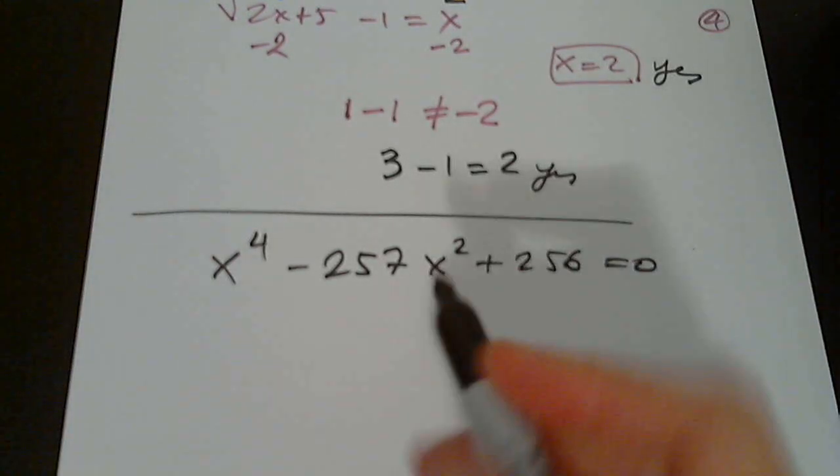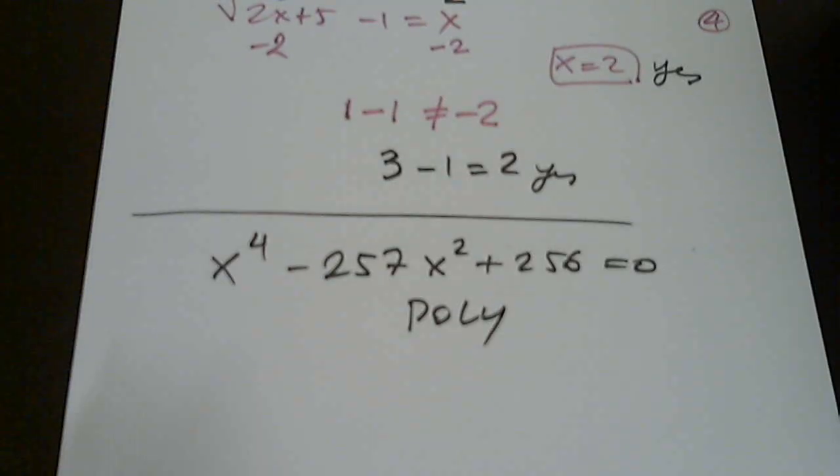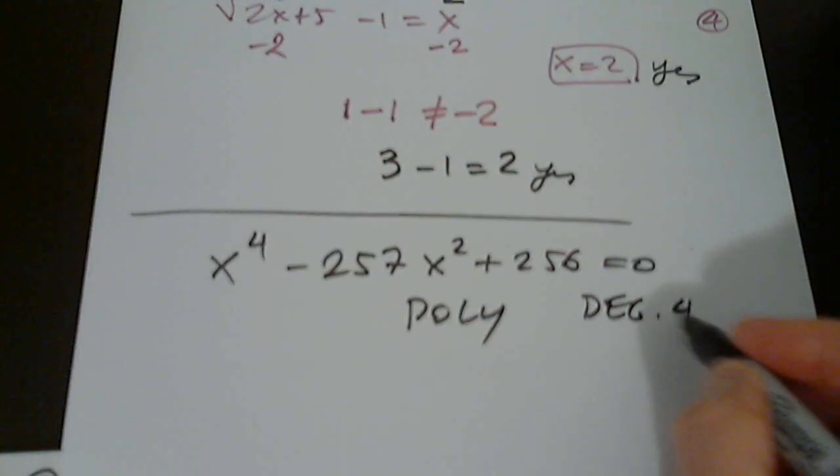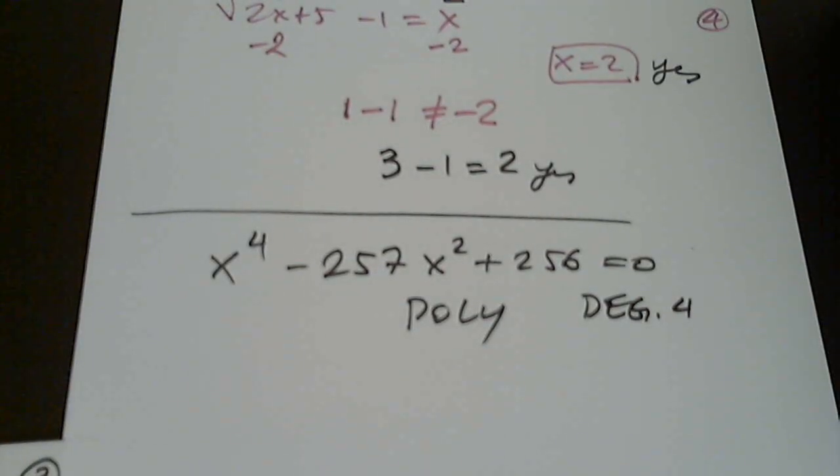So as you see, this is a polynomial. What is the degree of this polynomial? So remember, degree 4, excellent. So degree 4. How many solutions do we expect? Real, imaginary, no matter what.